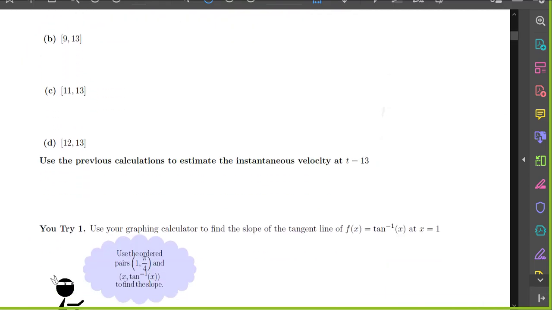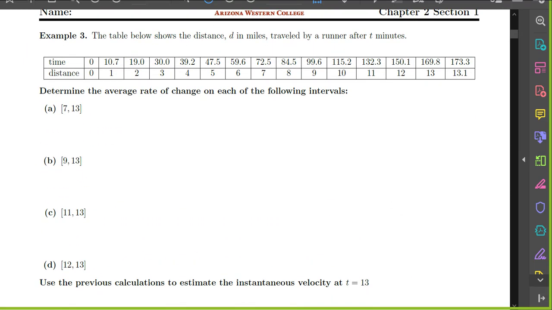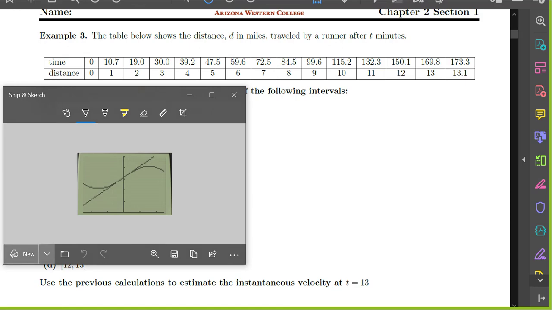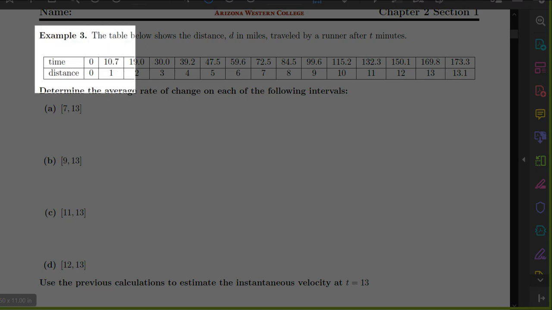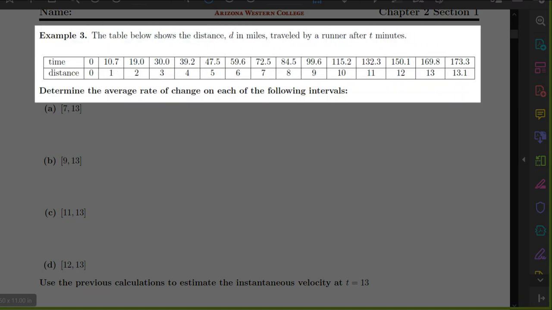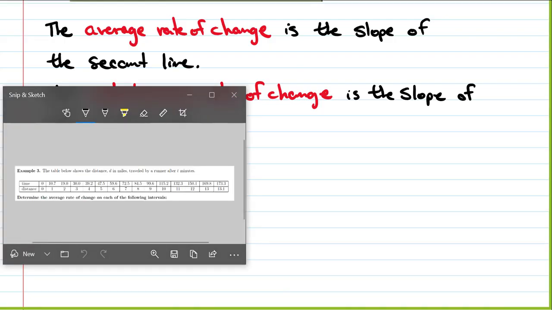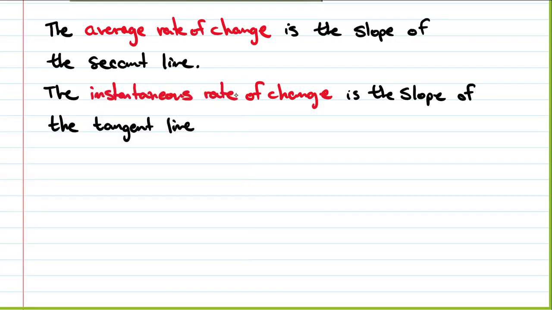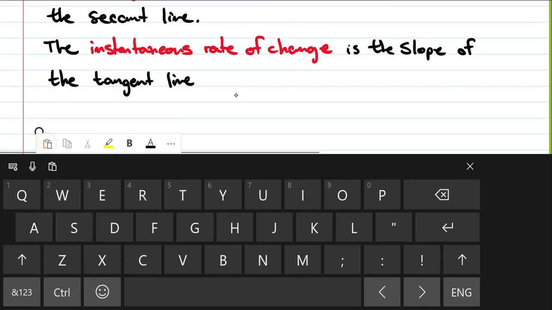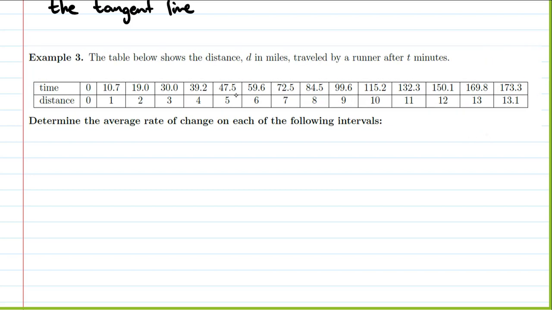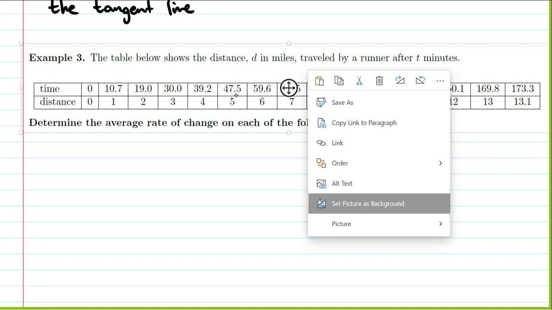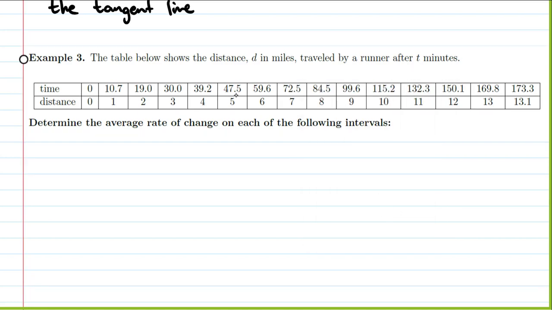All right, so the table below shows the distance d in miles traveled by a runner after t minutes.